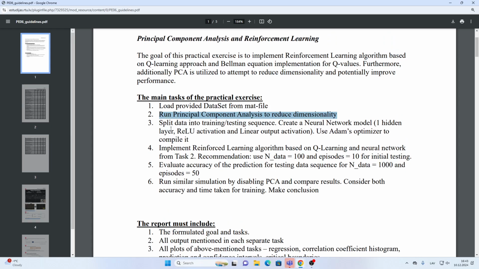Then, after we do so, we split the data into training and testing parts and create a neural network model with a specific configuration: one hidden layer, rectified linear unit activation, and a linear output activation, which means this is a neural network suitable for a regression task, not a classification task.